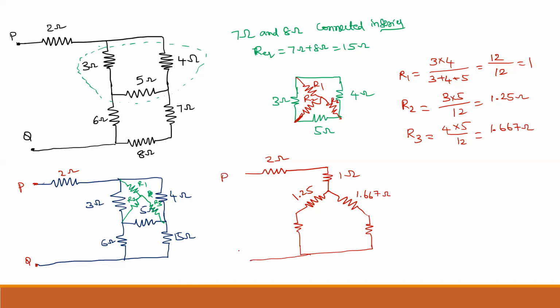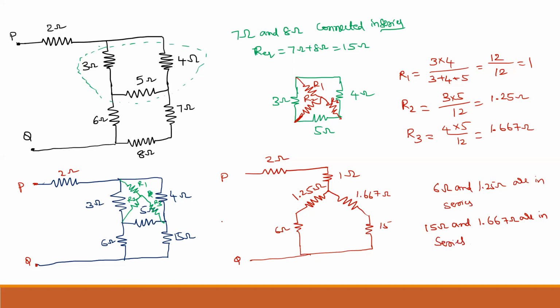Now here it is P and here is Q. You see that 6 ohm and 1.25 ohm are connected in series. Similarly, 15 ohm and 1.667 ohms are connected in series.